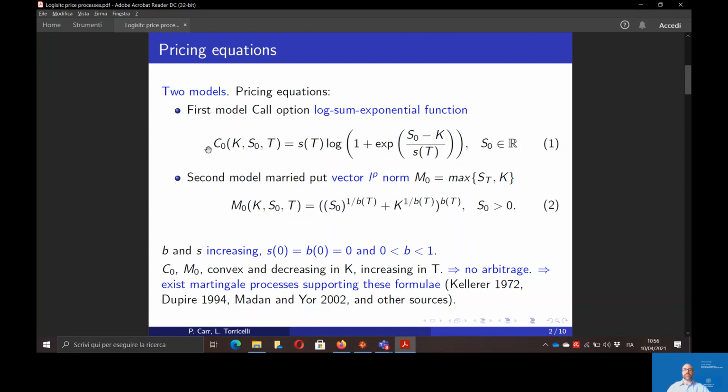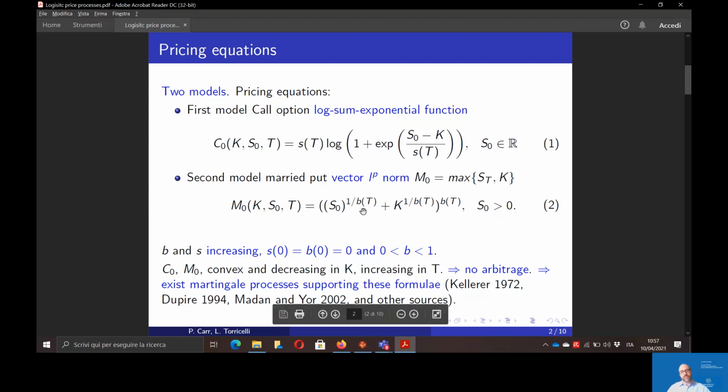option functionals: a call option functional which is supported on the real line, and a function for valuing the merit put, the max payoff, which is supported on the positive reals. So S and B here, you have an excess, a normalized moneyness here, and two term functions appearing, S and B, which describe the intertemporal behavior of the option prices and of the underlying price distribution as well.